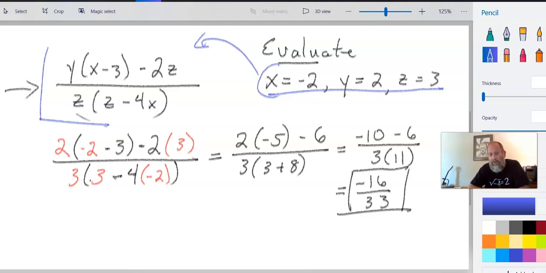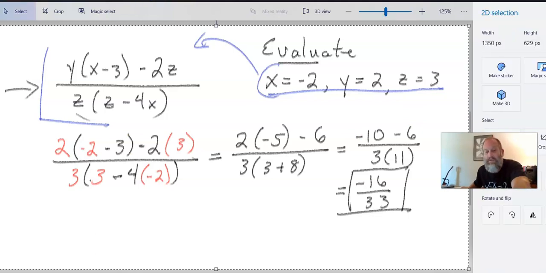And so that's how evaluation proceeds. It's really just replacing all the variables with the values that you're given for those variables, and then computing the order of operations that follows. All right? Okay, so let's go ahead and clear this off.